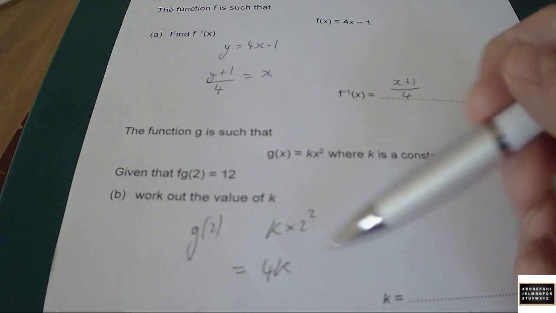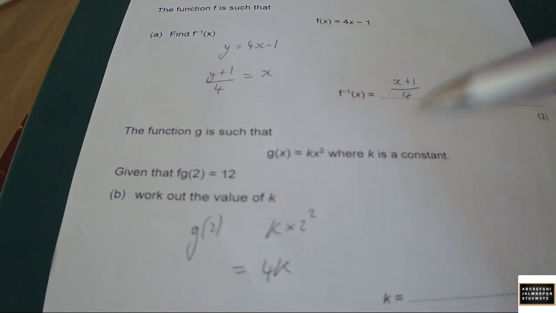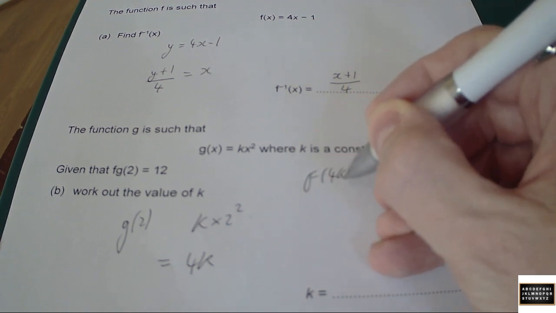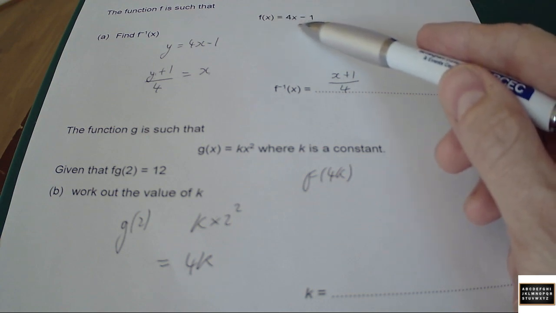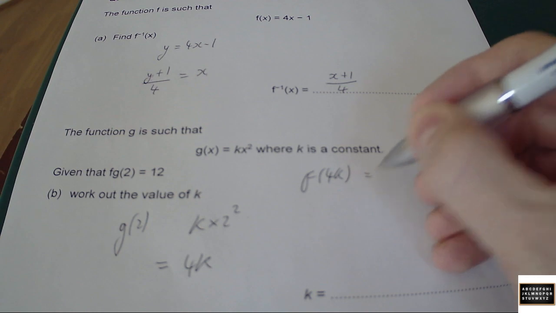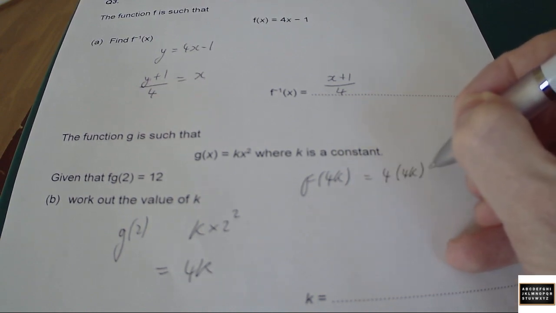That's g of 2. Then the f of that function, remember we had f from up here, they are talking about the same f. We're going to do f of 4k now. So wherever I see an x in this expression, I'm going to put 4k from down here. So I'm going to create 4 lots of 4k and then minus 1.